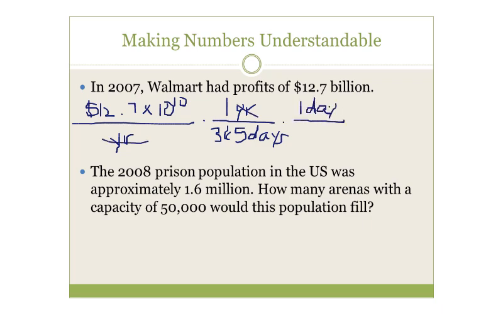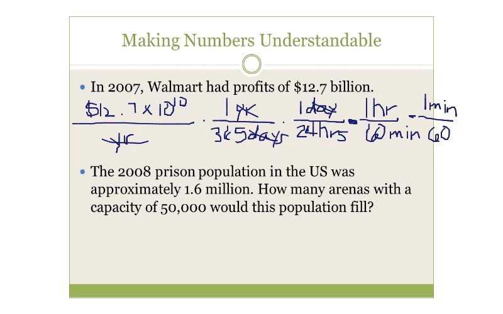In 1 day, there's 24 hours. In 1 hour, 60 minutes. And then in 1 minute, 60 seconds. And so when I multiply there, I get that Walmart makes a profit of about $4,027 per second.